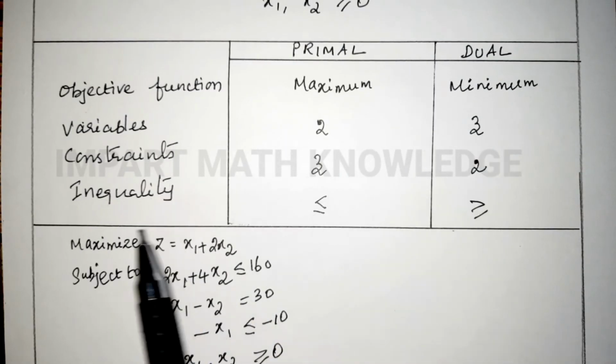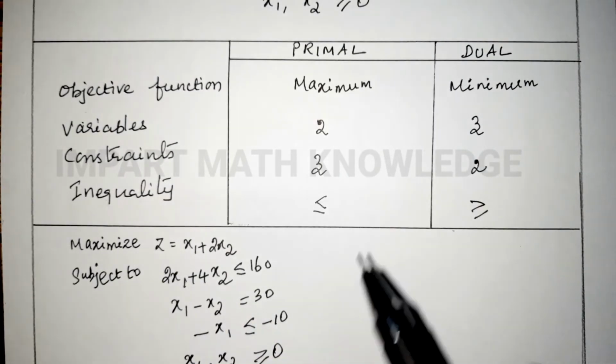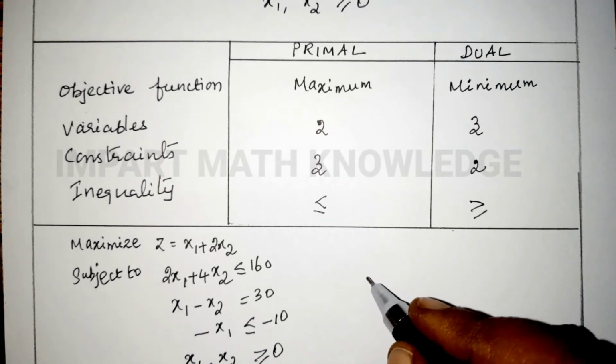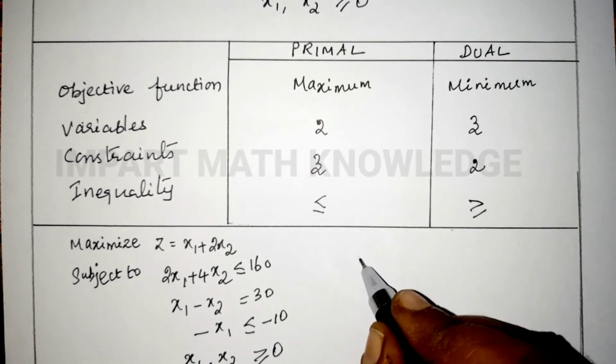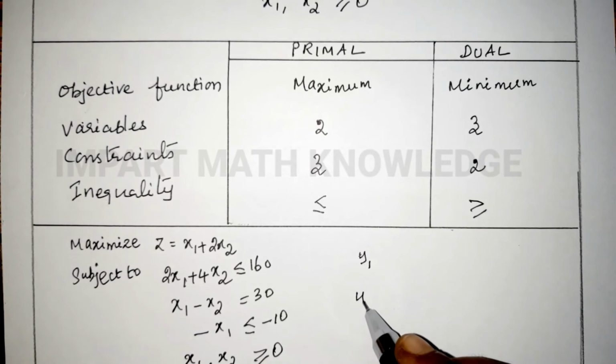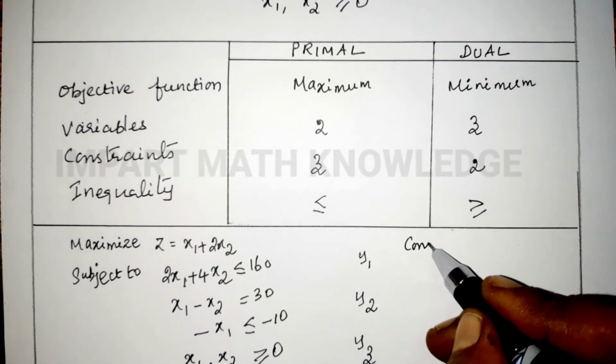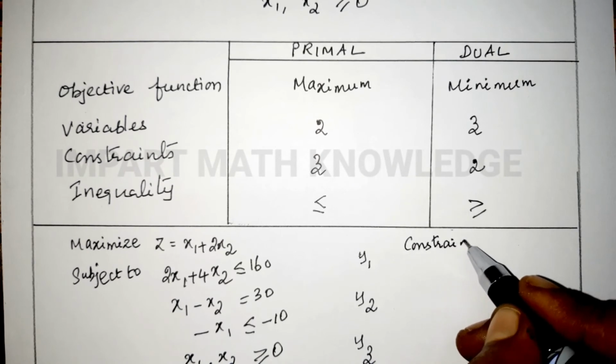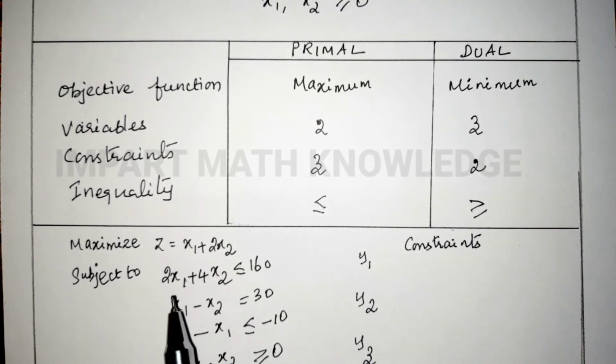In the dual problem, the number of variables is 3. So we can choose 3 variables: y1, y2 and y3. For the constraints, you have to write the coefficients of the given constraints, that is 2, 4, 1, minus 1, and minus 1, 0.